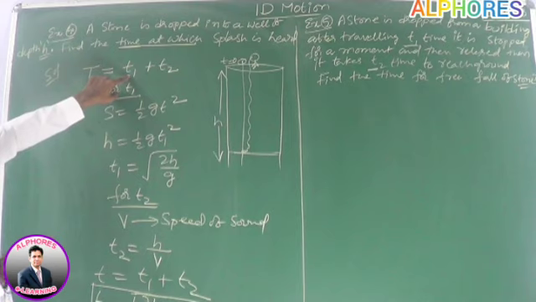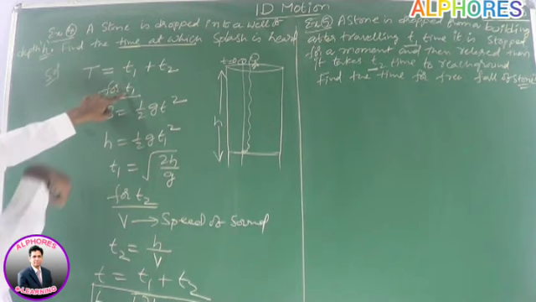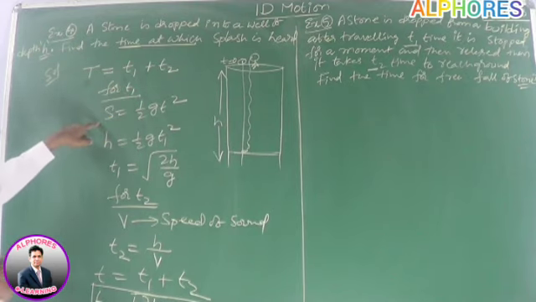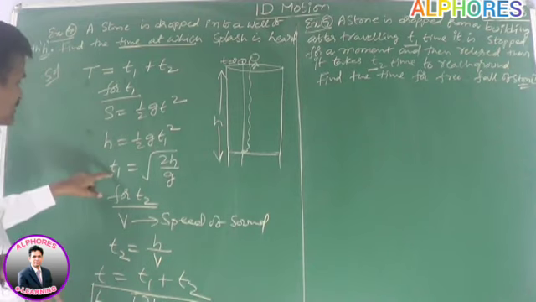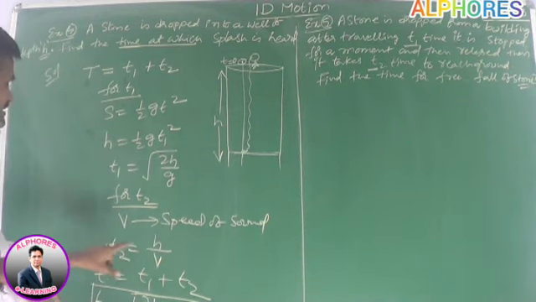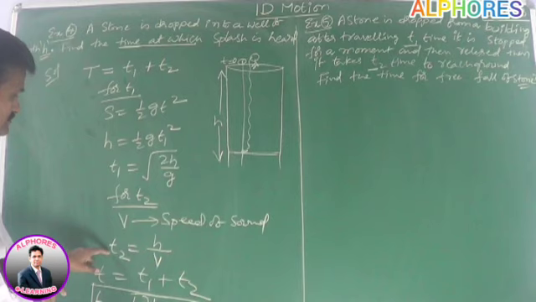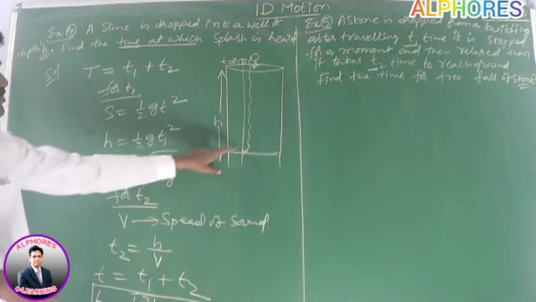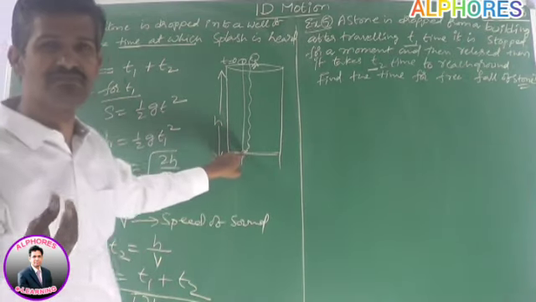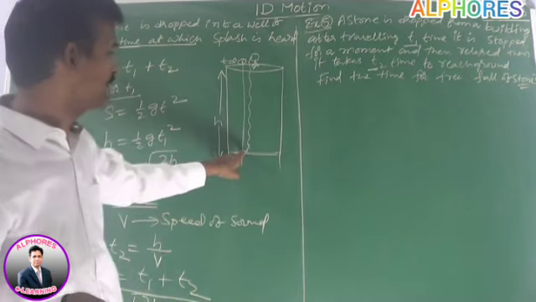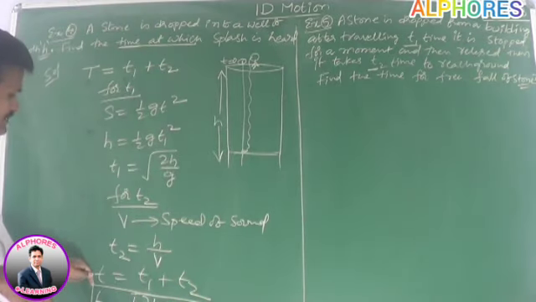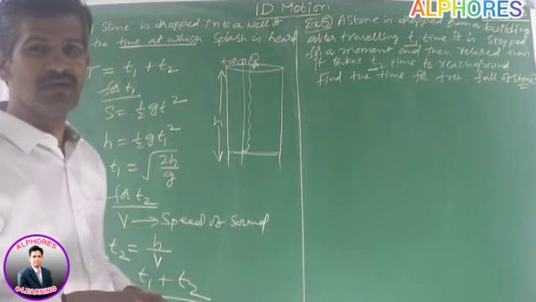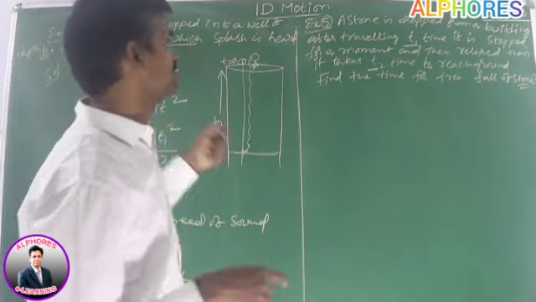So this t1, the time taken by the stone to reach the bottom, is obtained by taking s is equal to half g t square. From that you can get t, that is square root of 2h by g. t2 is the time for the produced sound to reach the top. Neglect the time for producing sound. Then you will get the total time, that is t1 plus t2. This is one important problem in case of freely falling bodies.